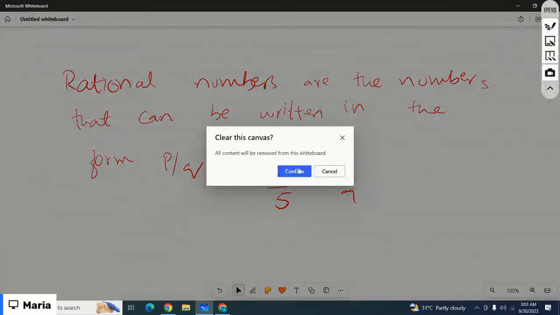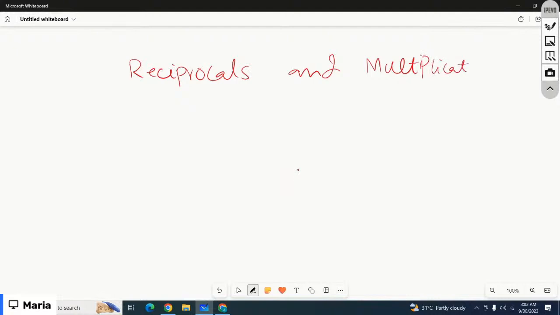So we're going to see what are the reciprocals and multiplicative inverse. Let's start with the multiplicative inverse. What is the multiplicative inverse?